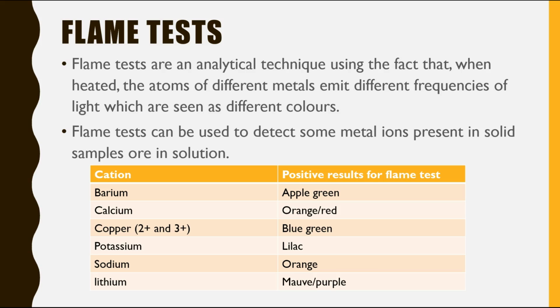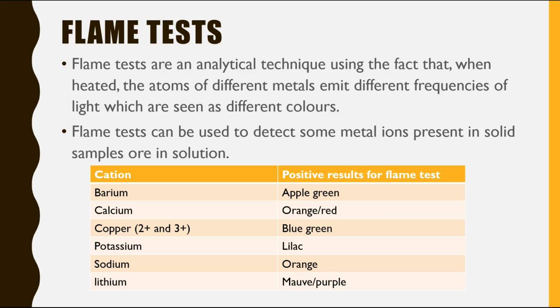In the table we've got here below, you can see a couple of different metal ions and their results in a flame test. We've got barium, an apple green color, calcium, orange red, copper, bluey green, but you can also see here that sodium is also orange, and that can make it difficult because sodium is also that orangey red. So our flame tests are not a conclusive test.